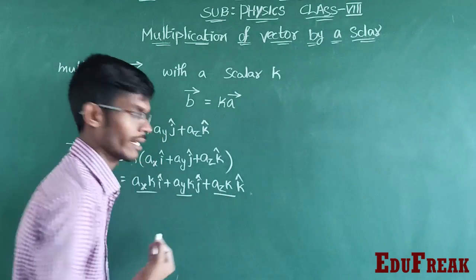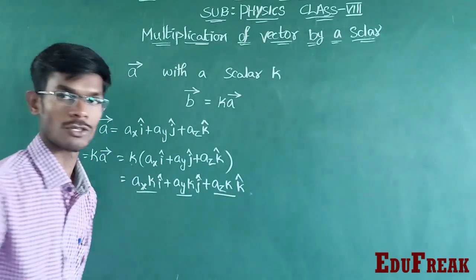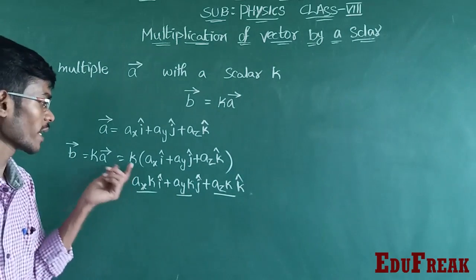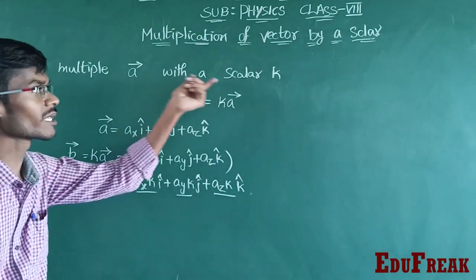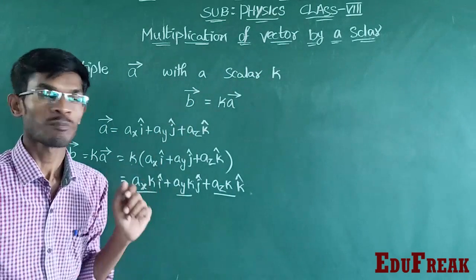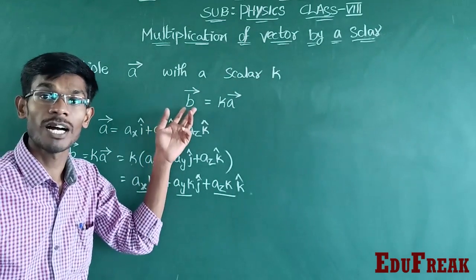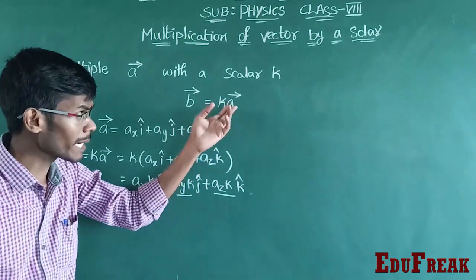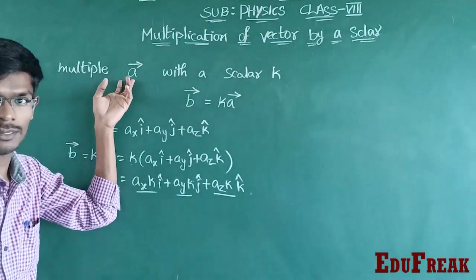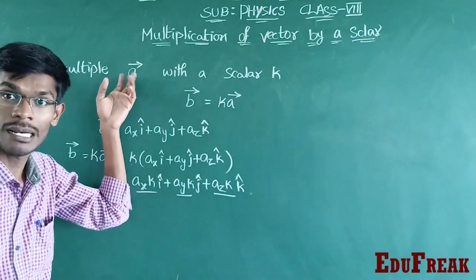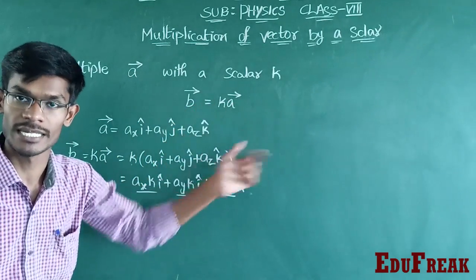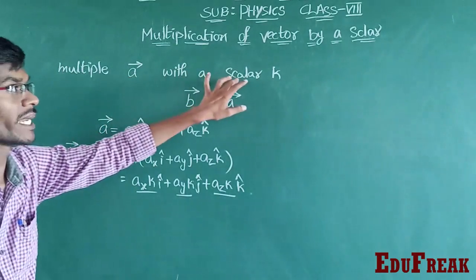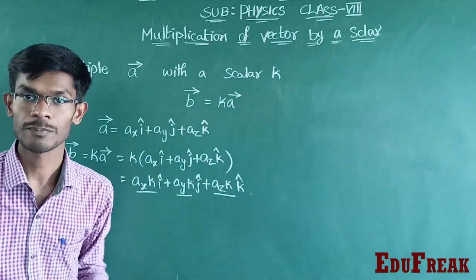Azk is the magnitude, and k cap represents the direction along z. So whenever we multiply a vector with a scalar k, we form a new vector having the same direction as a bar, but the magnitude changes. This is the multiplication of a vector by a scalar k.